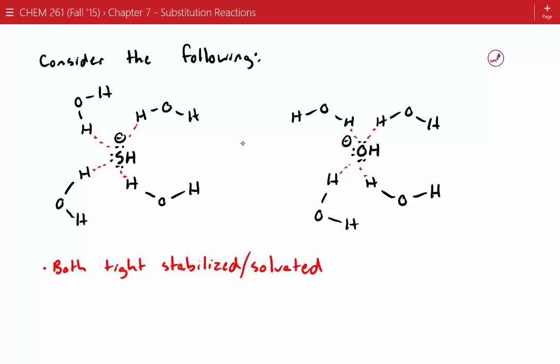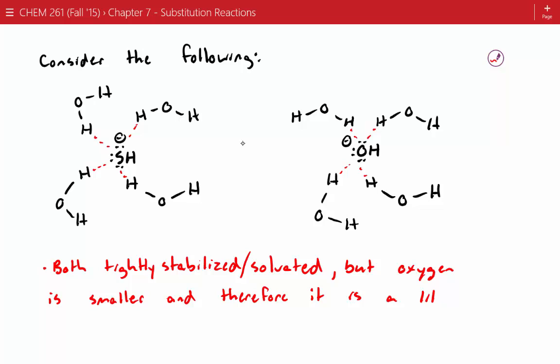So now we've just got to backtrack a little bit, and we've got to look at sulfur versus oxygen. Which one of these do you think is going to be more tightly solvated based on size? Exactly. So they're both tightly solvated, but oxygen is smaller, and therefore it is a little more tightly solvated.